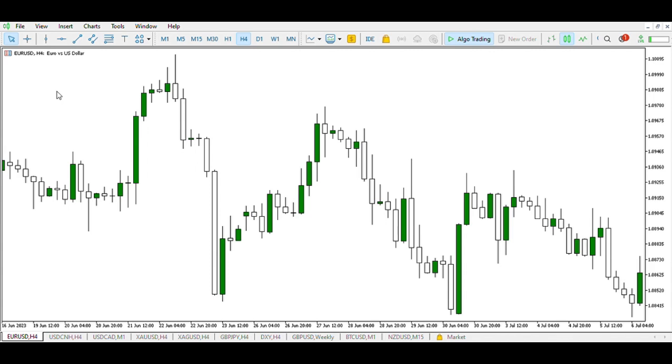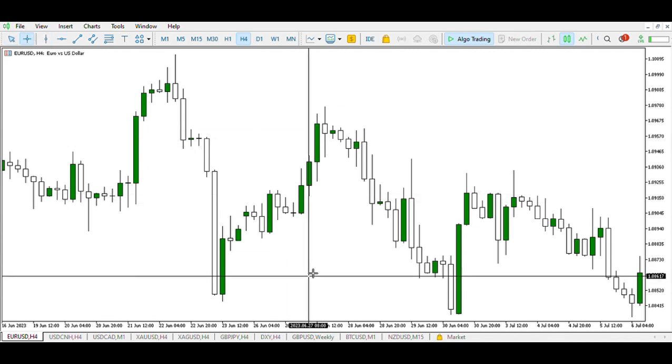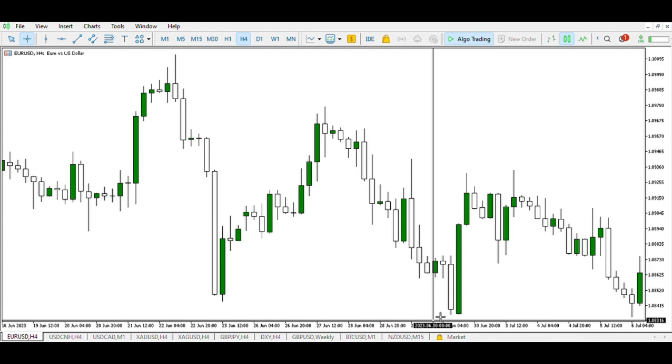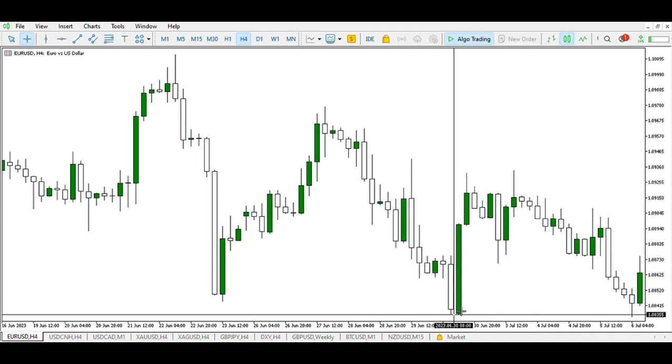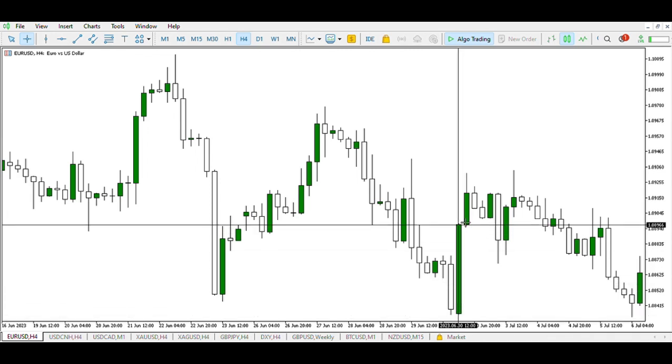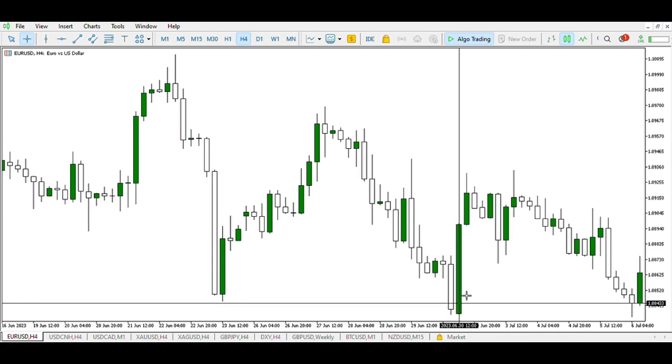Now let us begin with the engulfing pattern. An engulfing pattern is a pattern where, for a bullish engulfing, we are going to have a bearish candle, that is a sell candle like this, and we are going to have a bullish candle that absolutely engulfs it like this.